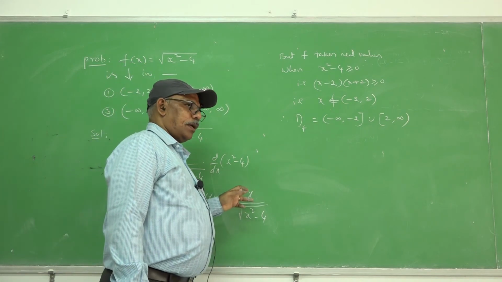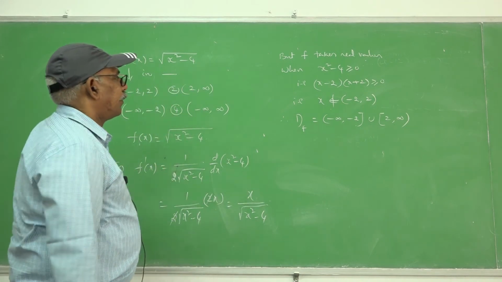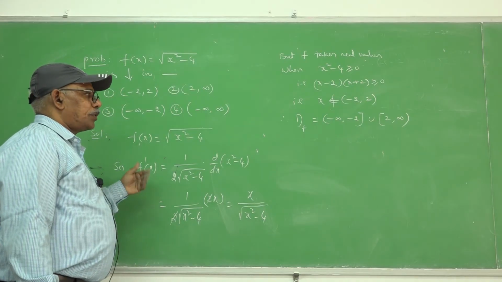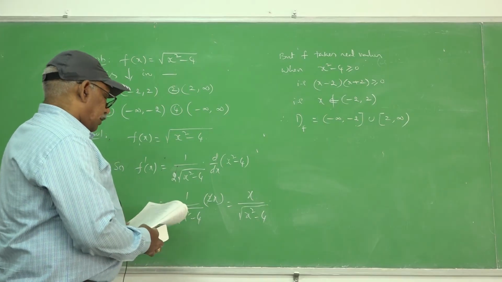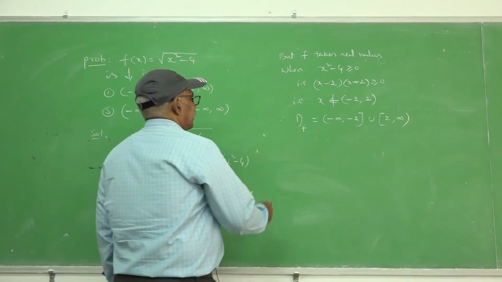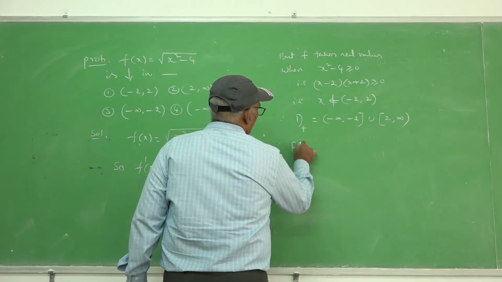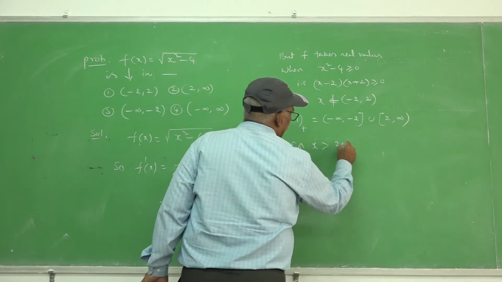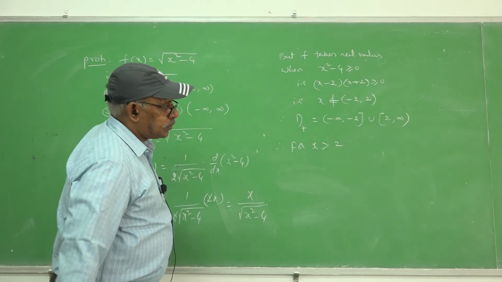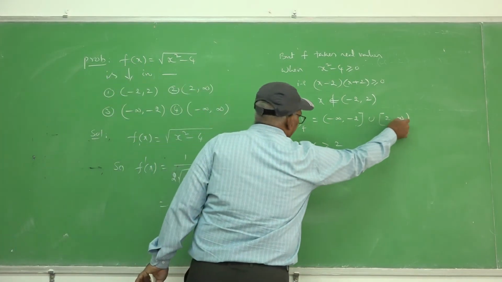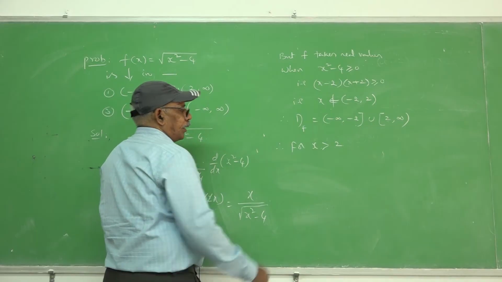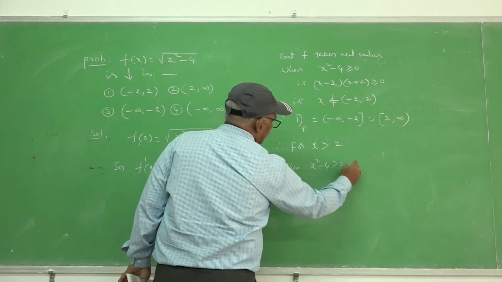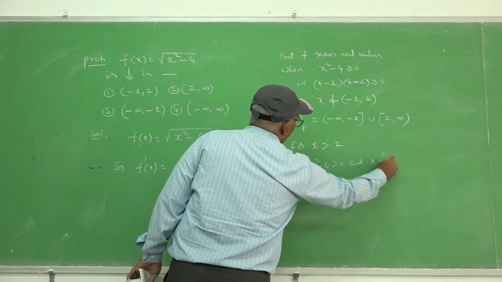Hence, x takes the value based on x, f dash x may be positive or negative. So, therefore, I will conclude like this. For x greater than 2, x is more than 2 up to infinity, 2 to infinity, then x square minus 4 is positive and x is also positive.